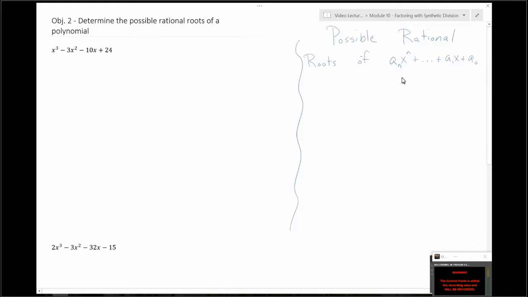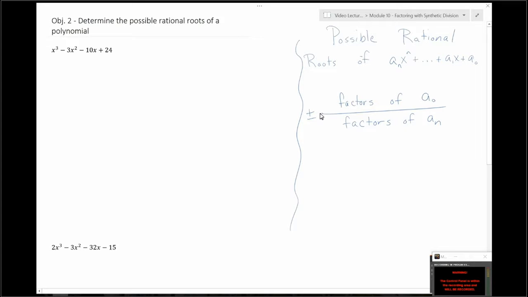So our possible rational roots for some polynomial are plus or minus the factors of a sub 0 divided by the factors of a sub n. And really, sometimes we see it as this, but it's just plus or minus these factors.